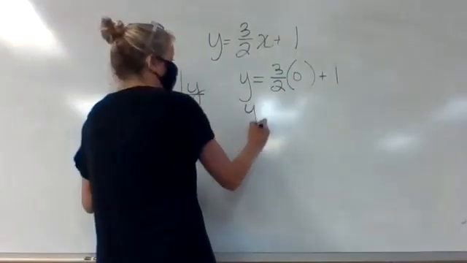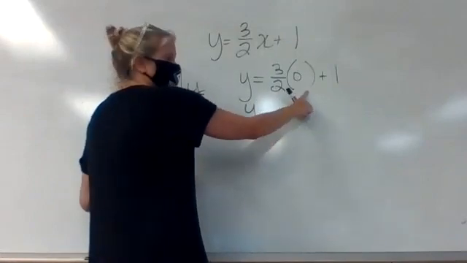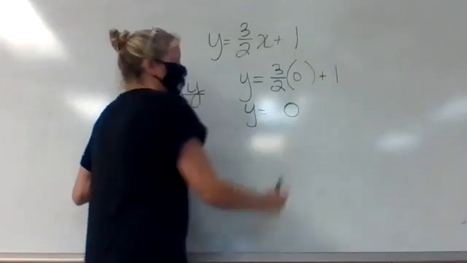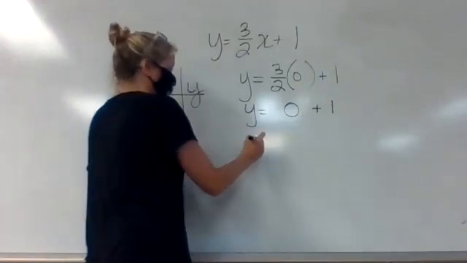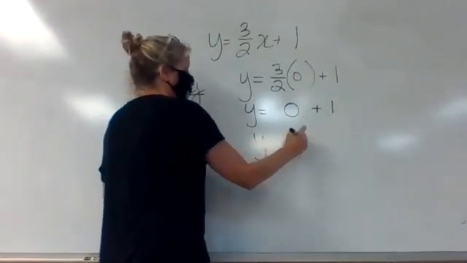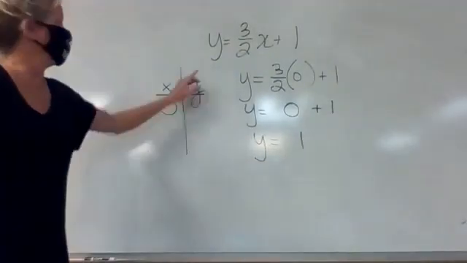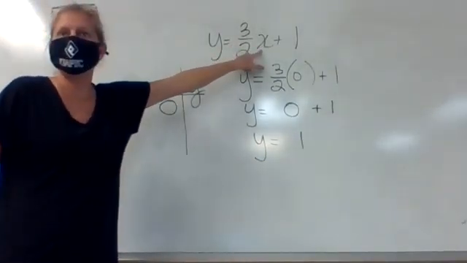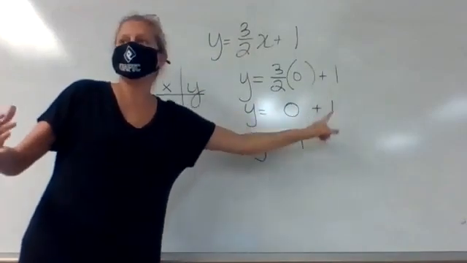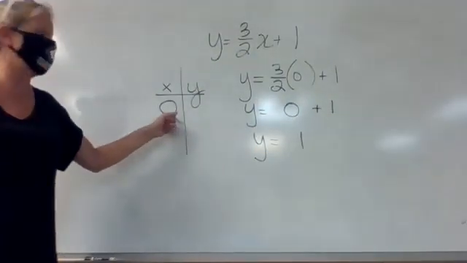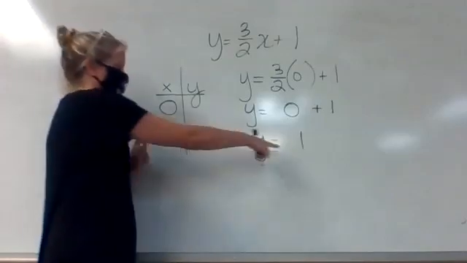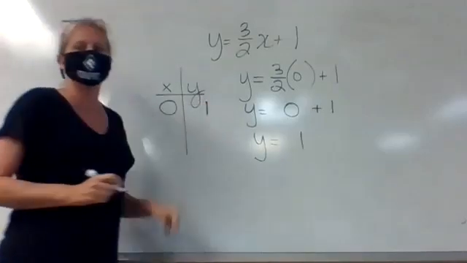So now I have y equals 3/2 times 0 is 0. Bring down the plus 1. So y equals 1. So when you dump the 0 in the x, do the work, it's going to spit out the y number that goes with that 0. So when I plug in 0, it gave me 1.